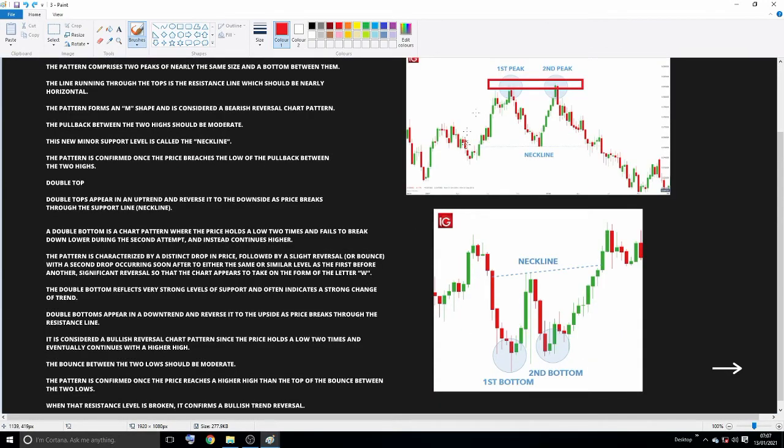So this formation, 1, 2, is only confirmed if the price closes below the neckline, like you can see here. This confirms that the market is going down. You can take a trade there. Now, some people take trades on the second high, but it is safer to look for trades on the break of the neckline.